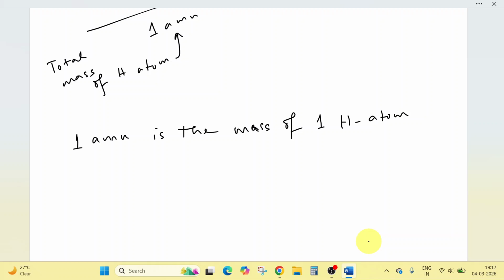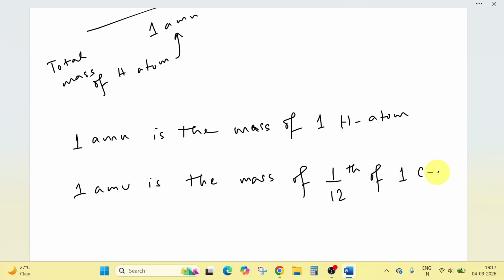So I can define 1 AMU in this way also: 1 AMU is the mass of 1 by 12th of one carbon atom.